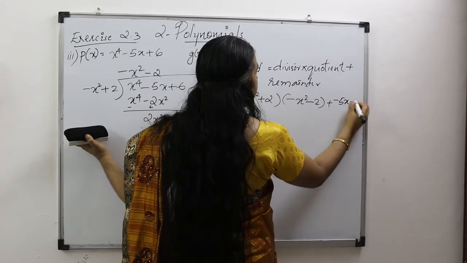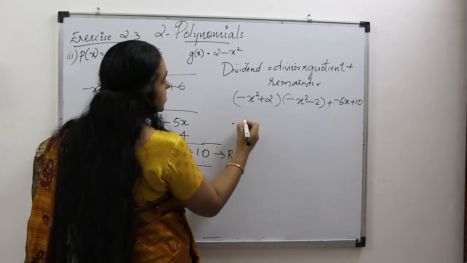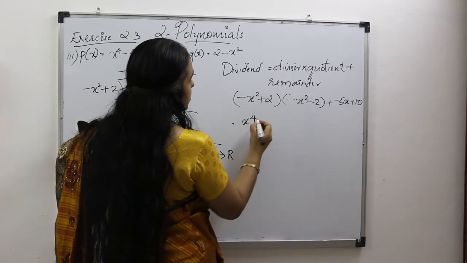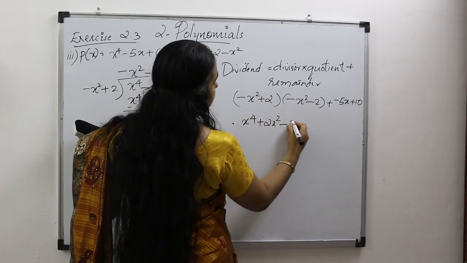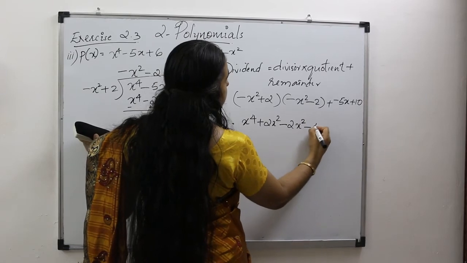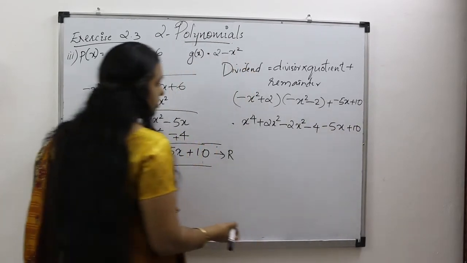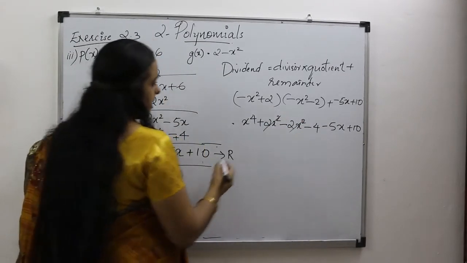Which is equal to minus x square into minus x square is x raised to 4. Minus x square into minus 2 is plus 2x square. This is minus 2x square minus 4 minus 5x plus 10. Okay, plus 2x square and minus 2x square we will strike out.